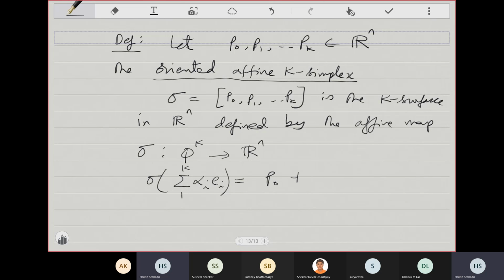This is going to be the new vertex corresponding to origin, as we'll soon see. And then here I'll put the sum of alpha i times (Pi minus P0), i from 1 to k.